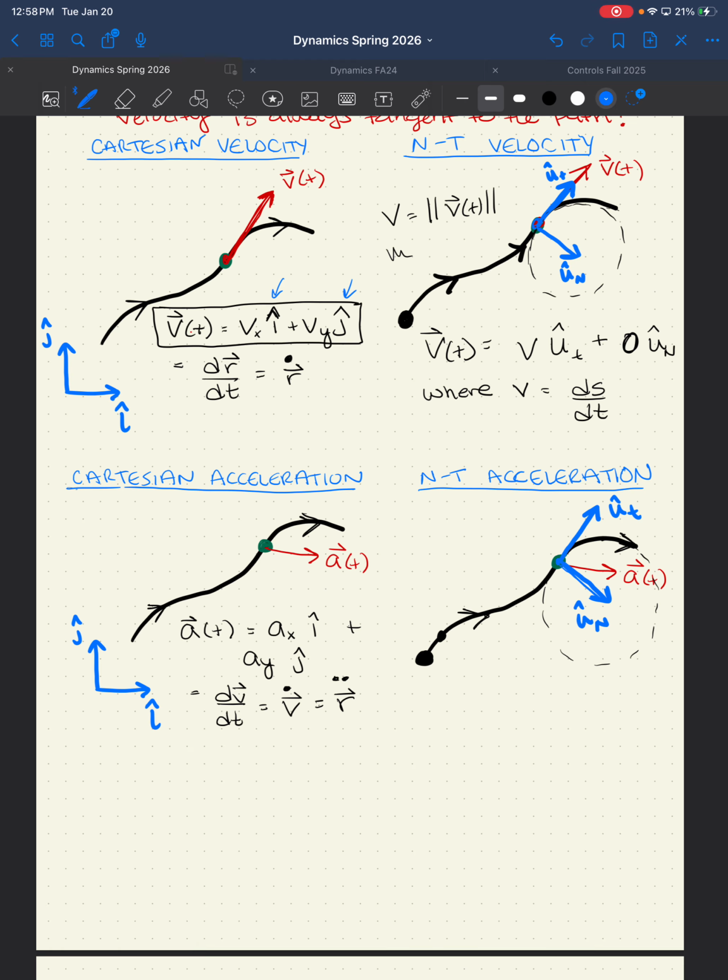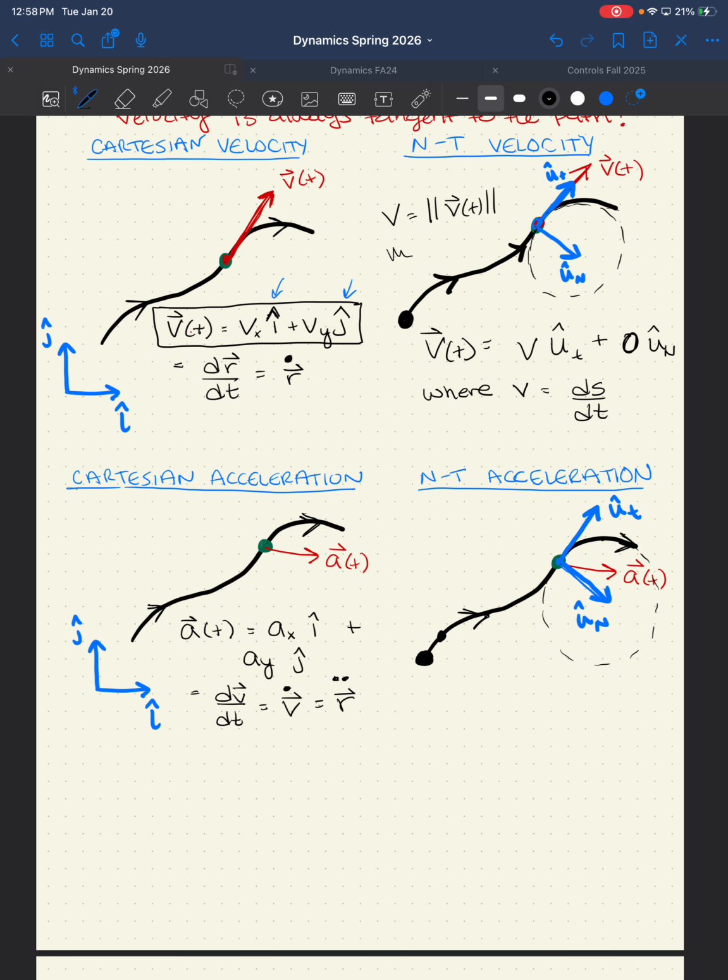I'm not going to go through the proof of why this relationship holds, because it has to do with taking a time derivative of a vector that is moving through time. It has to do with the chain rule. I'll go through part of the explanation.